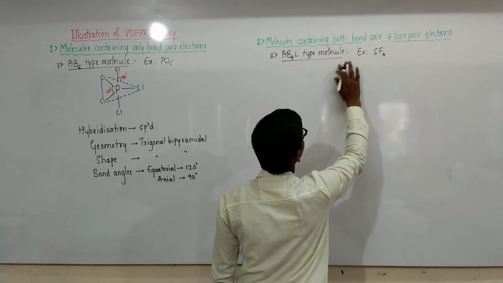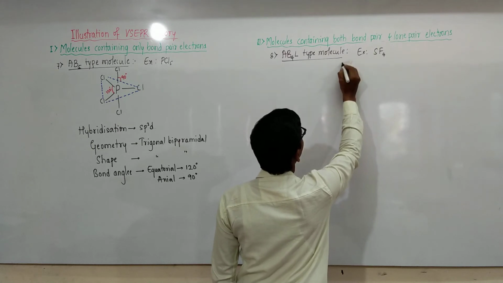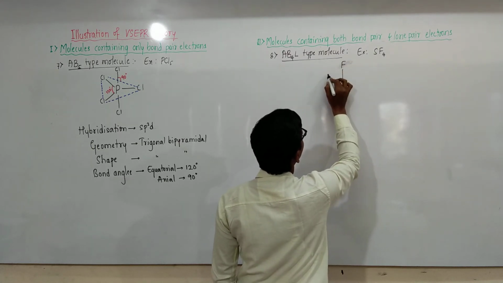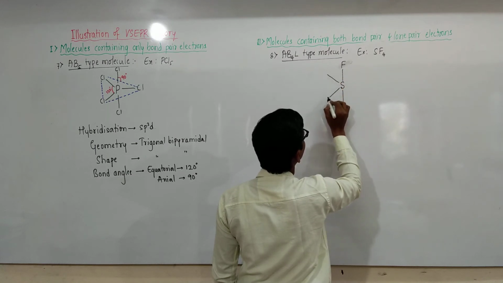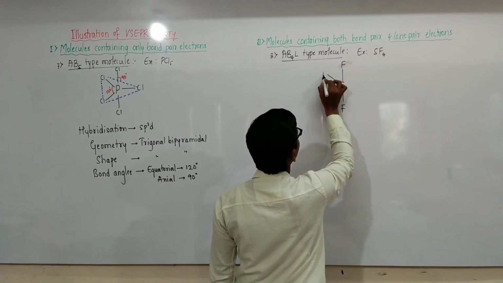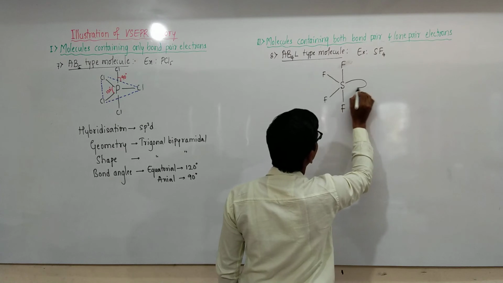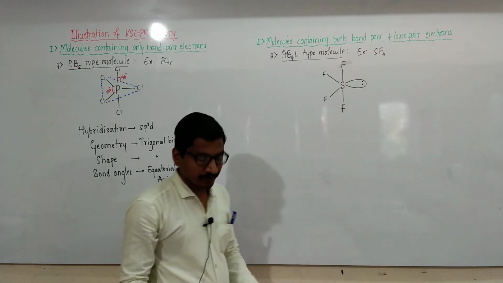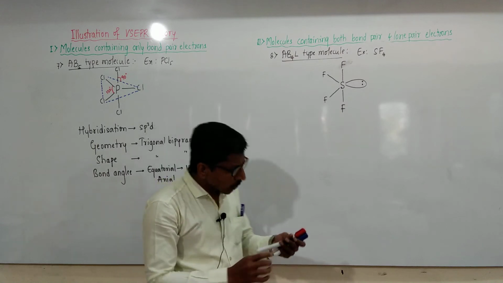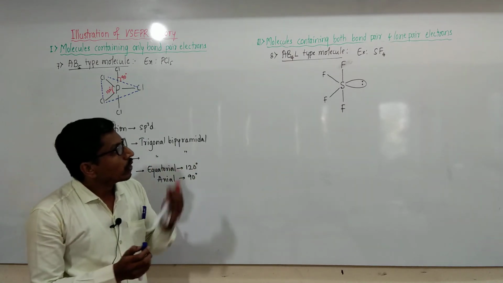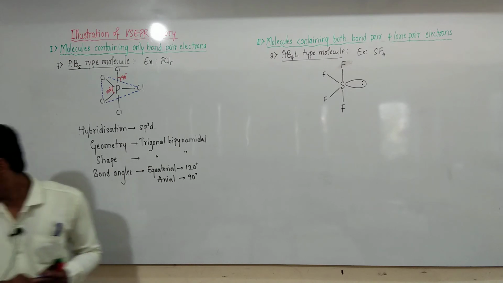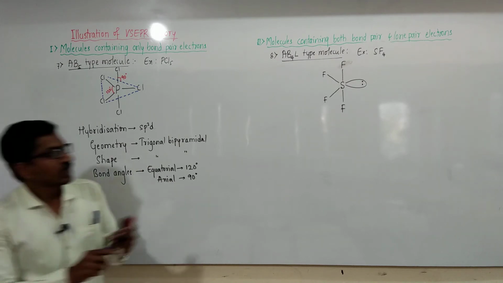F, which contains 1 lone pair, and due to lone pair-bond pair repulsion, the bond angle is reduced.